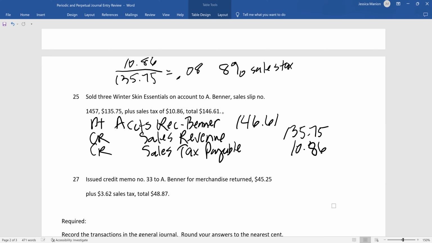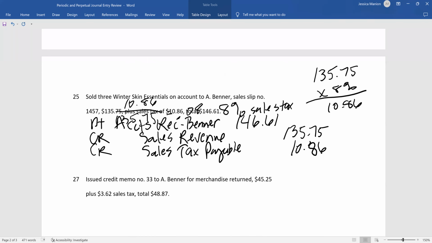The reason I point that out is because there's a few multiple choice questions where we have to calculate the sales tax. The amount is not given to us, like in this case, the $10.86. We have to calculate it. So if we take 135.75 times 8%, that would tell us, again, we have sales tax of $10.86. So that's why I've pointed that out a couple times to you. Anyway, hopefully looking okay.